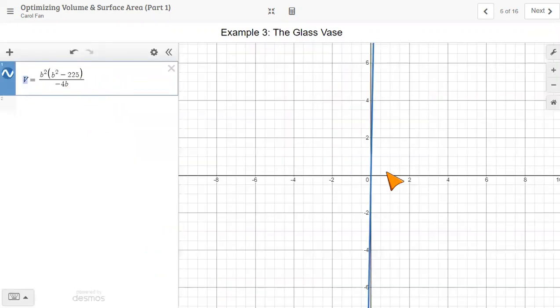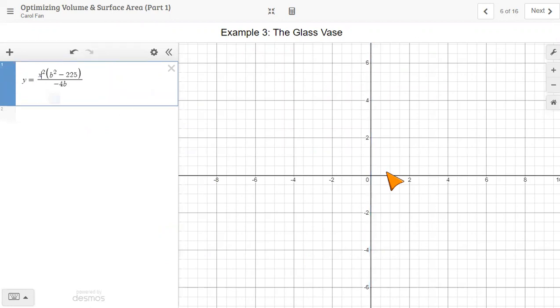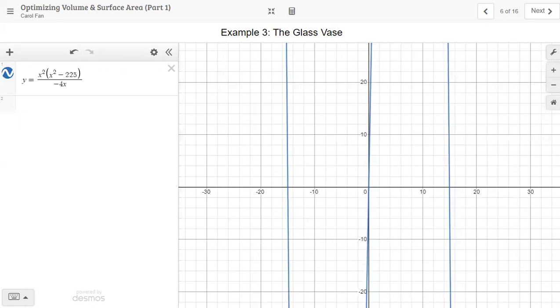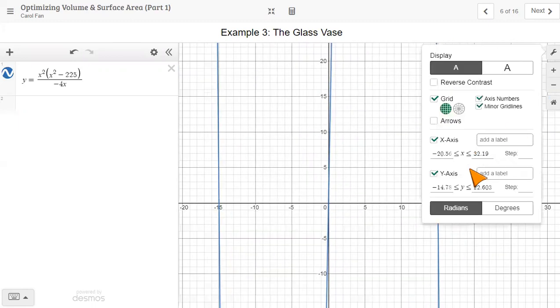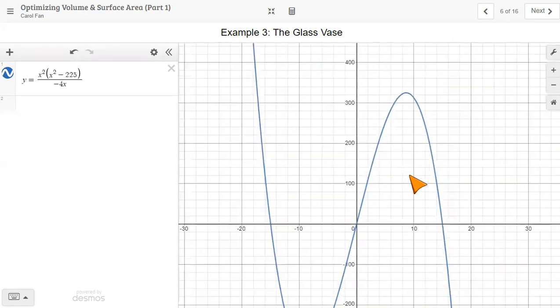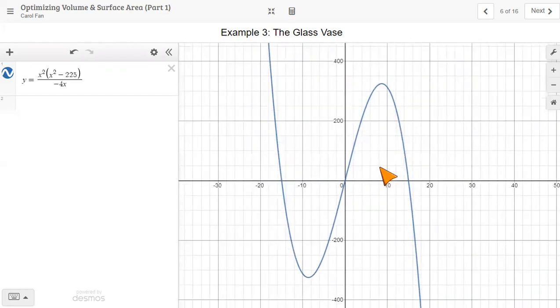Cutting and pasting, I'm also going to change my b's for x's. And then I need to shrink this so that I can see it. Right, so our graph looks a bit like this.